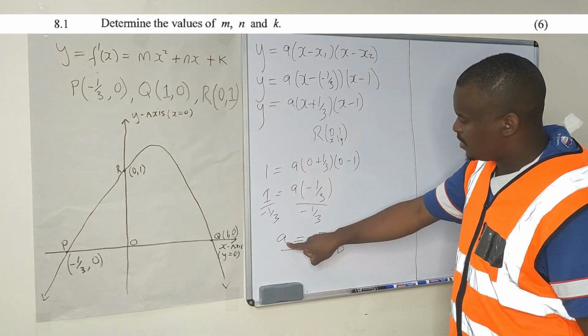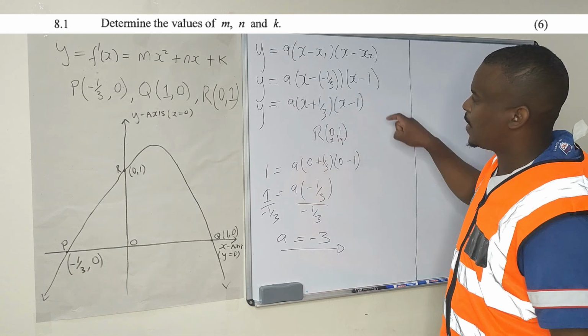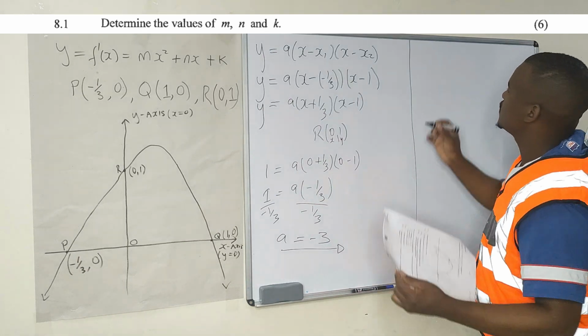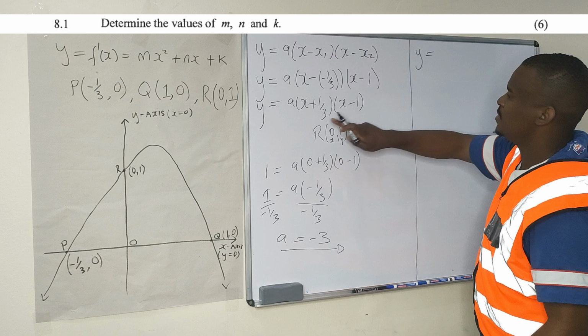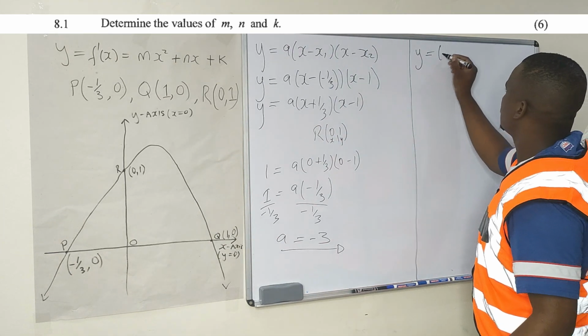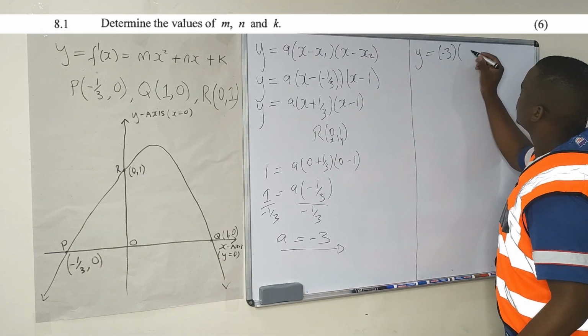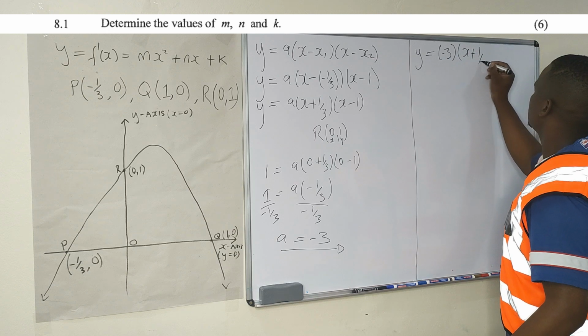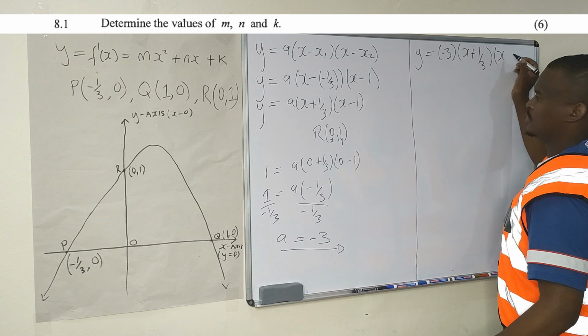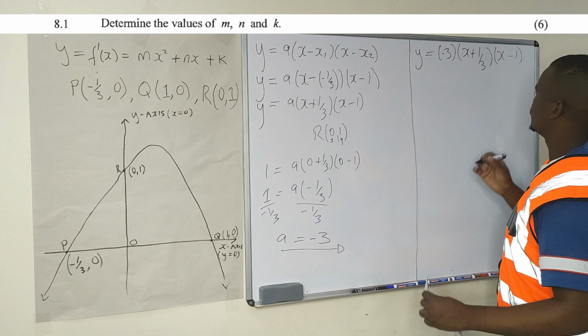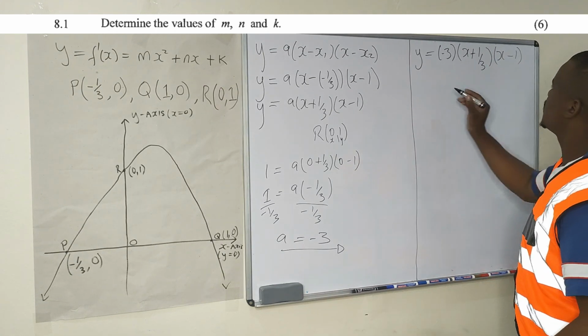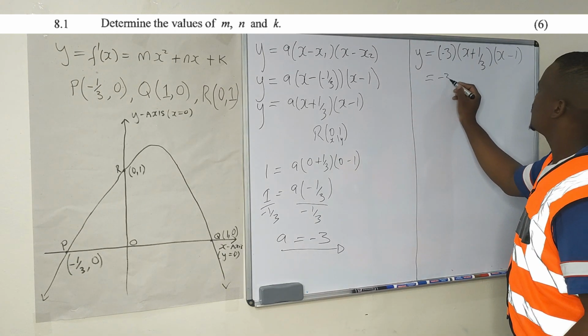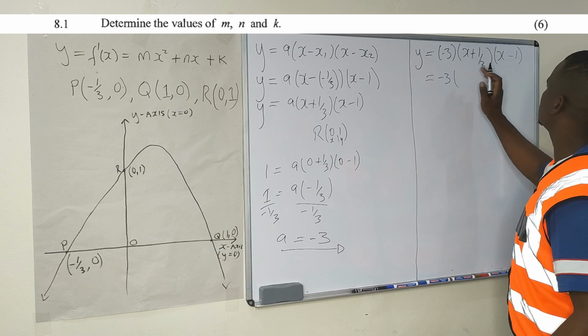Now that you have your a, you put it back here and expand this entire thing. So you say y is equal to a, which is minus 3, times (x plus 1 over 3) times (x minus 1), right? So you expand this: it's minus 3 times this, times that.